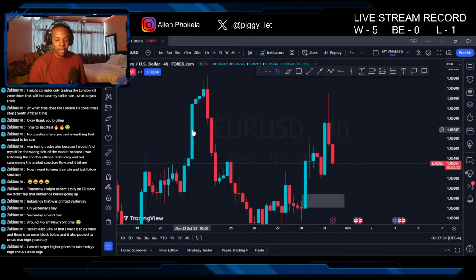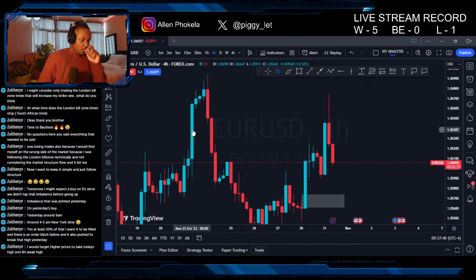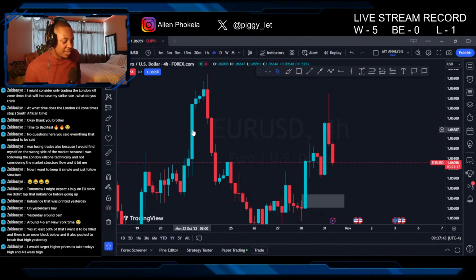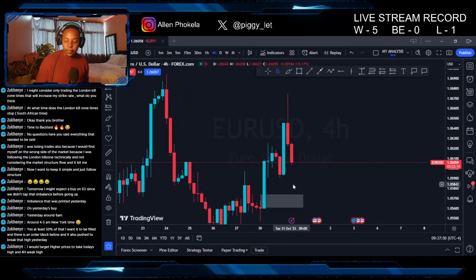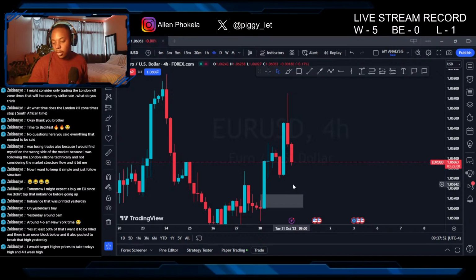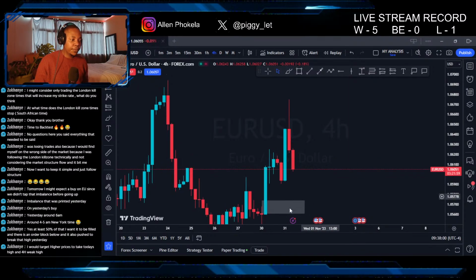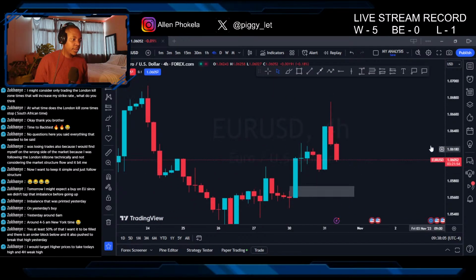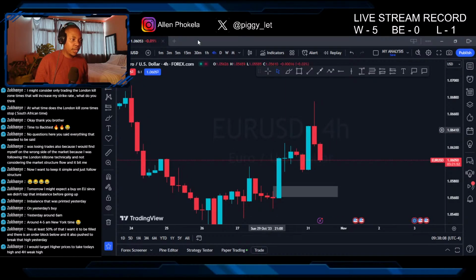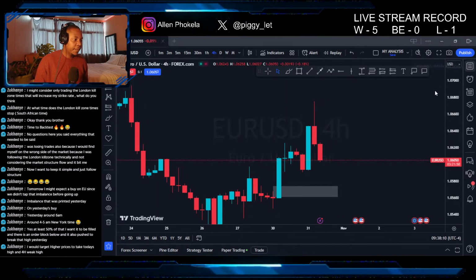If you can hold it off, swing trade it until there, then that's dope. If you can swing trade it and hold it.